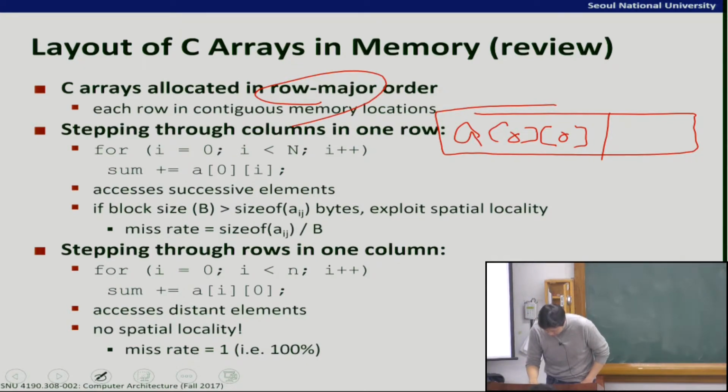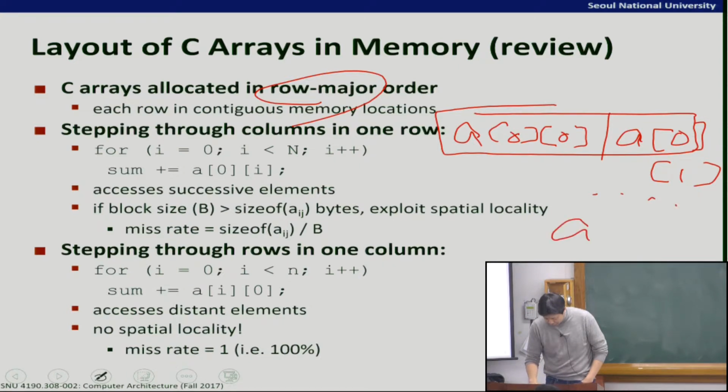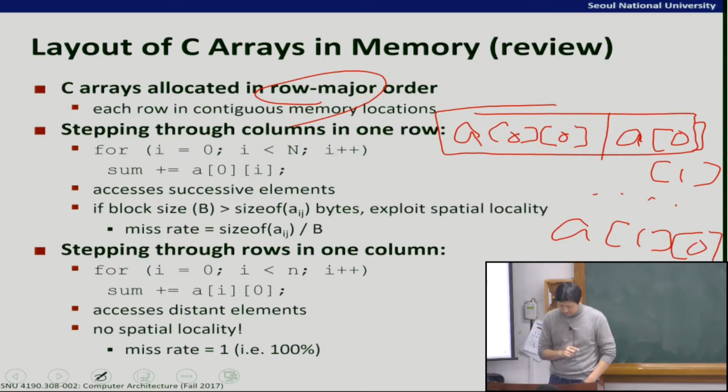So this one is followed by A[0][1], and so on. And after you go through all of these n elements, now you go to A[1][0], like this.